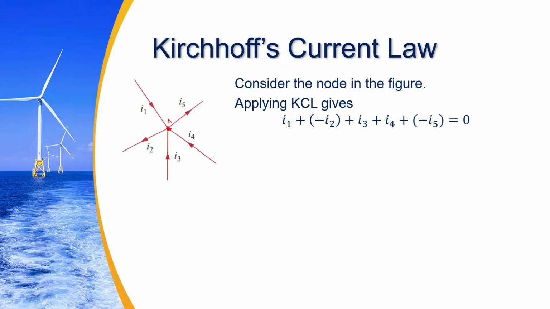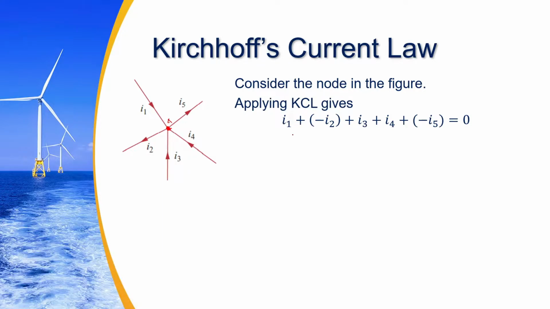Dahil ang direction ng current niya is papunta sa node A. Then yung I2, kaya siya negative, dahil ang direction ng current niya is palabas or paalis sa node A. Then yung I3, I4, pare silang positive dahil yung direction ng current nila ay papunta sa node A. Then yung I5 natin, kaya siya negative, dahil yung direction ng current niya ay palabas o palayo sa node A.